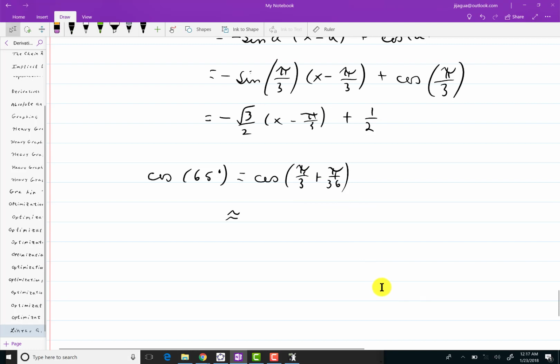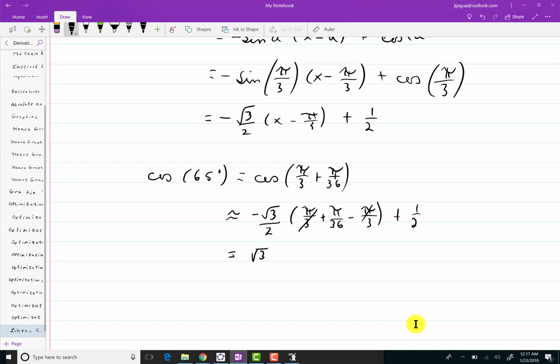This is approximately negative radical 3 over 2. So if I throw this in for x, I get pi over 3 plus pi over 36 minus pi over 3 plus 1/2. Those, of course, cancel. And we're left with negative radical 3 over 72 pi plus 1/2.